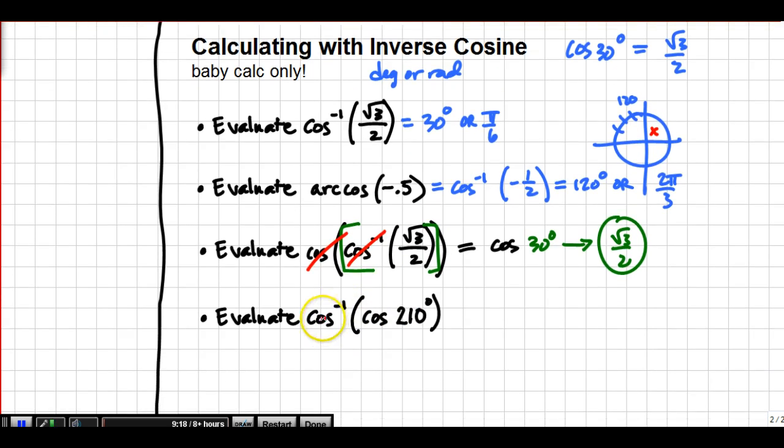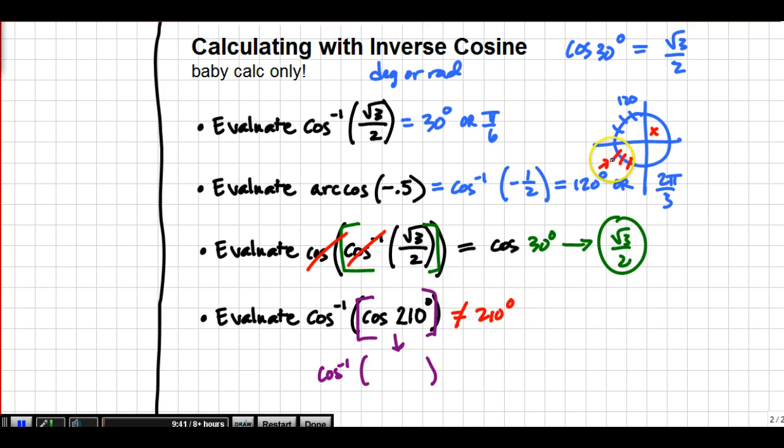If you try to cancel out cosine inverse and cosine and say that it's equal to 210, you will get it wrong. 210 is located in quadrant 3. That is outside the restricted domain, so we can't simply cancel these two out. So let's figure out the cosine of 210, and then let's do the inverse cosine of whatever we get.